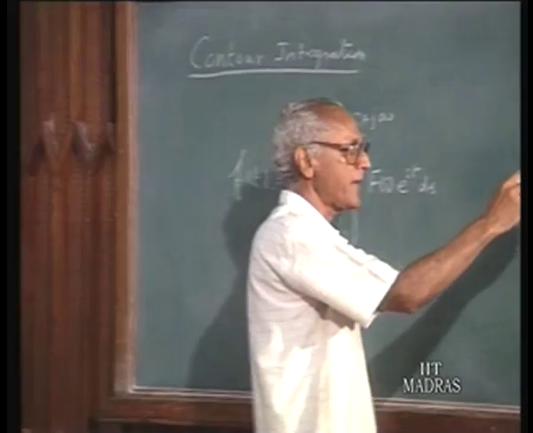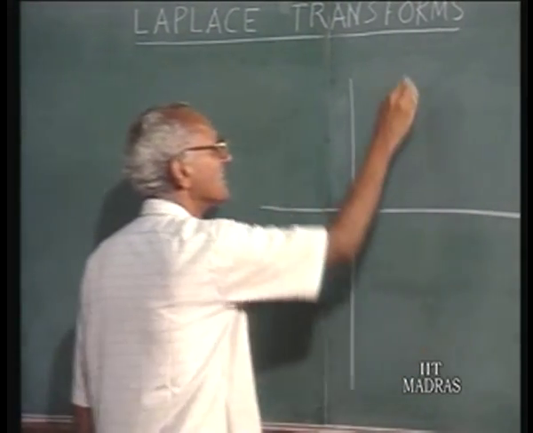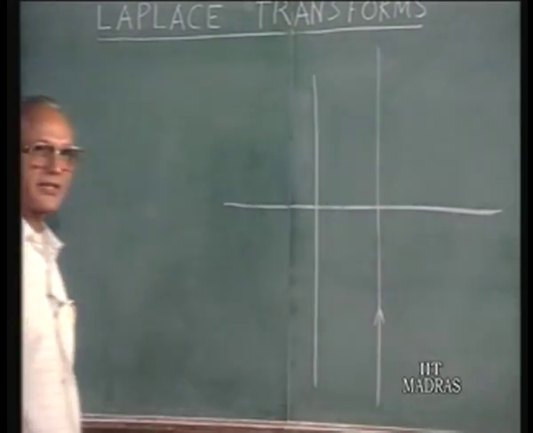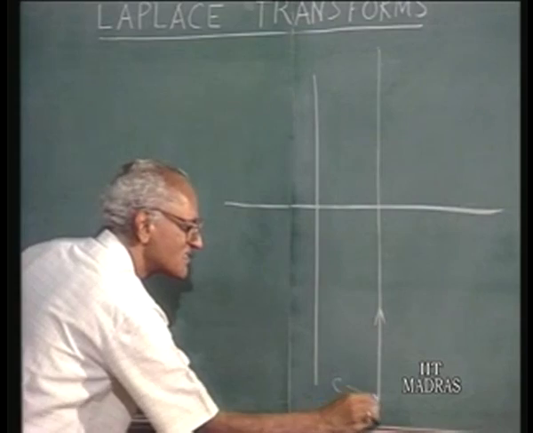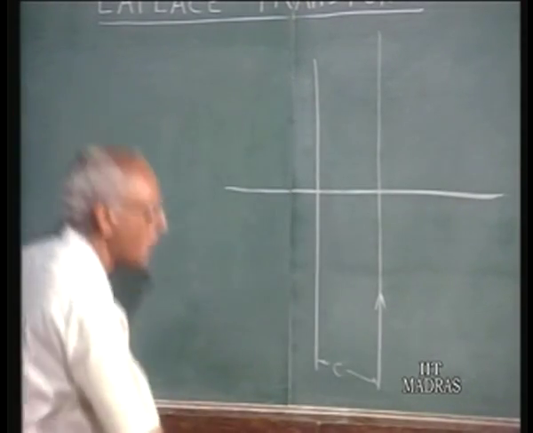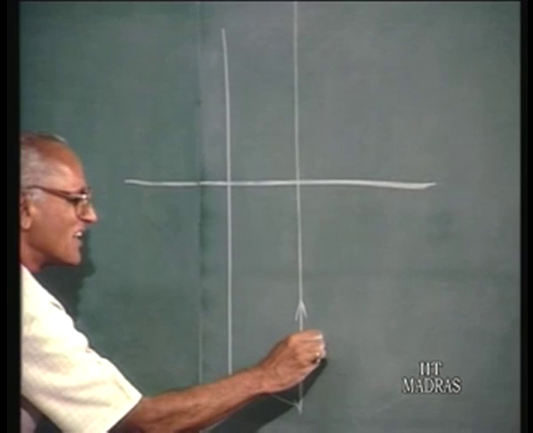So in the complex plane, you take the integration along a contour like this, c minus j infinity all the way down to c plus j infinity. Let me say this contour is gamma.